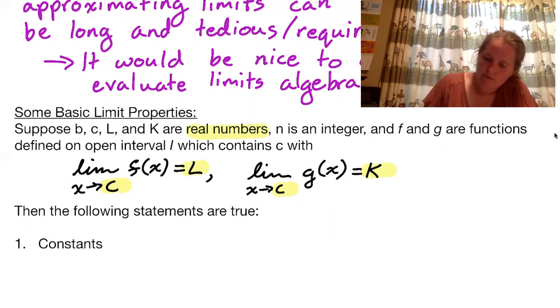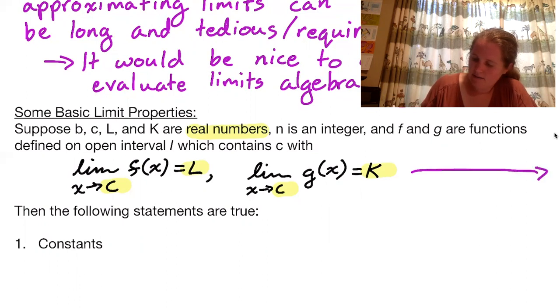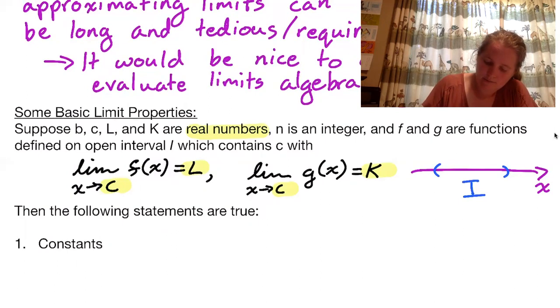So we have an interval along x, and along there we have the interval I. We have the functions F and G defined on that interval.